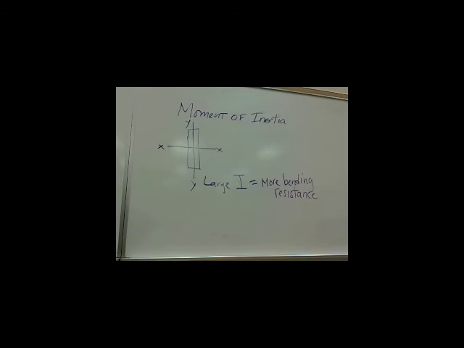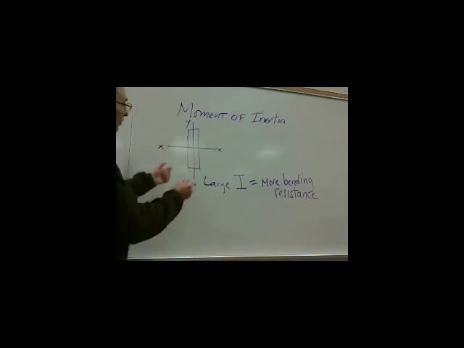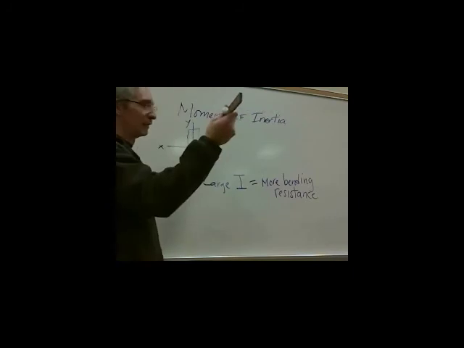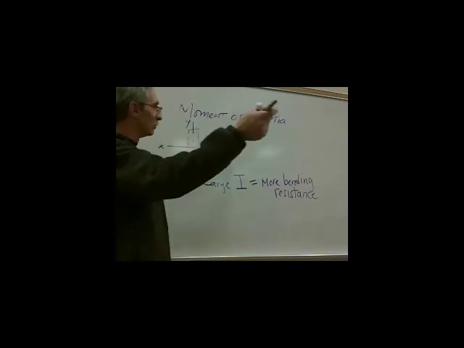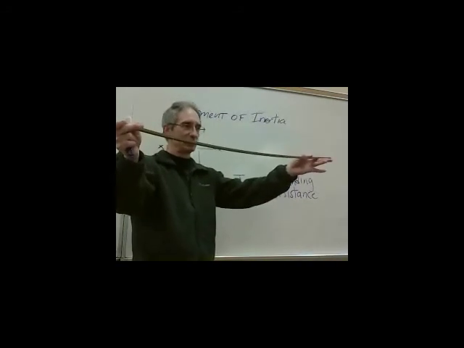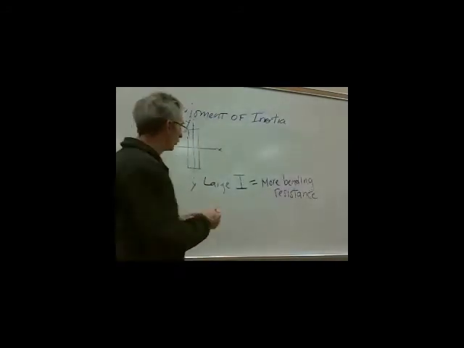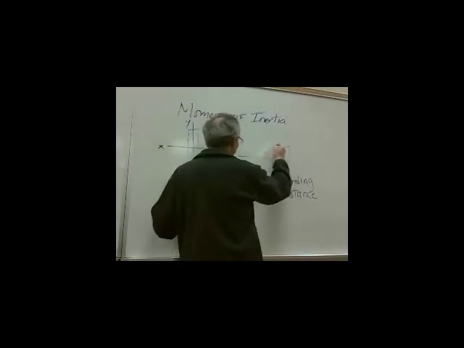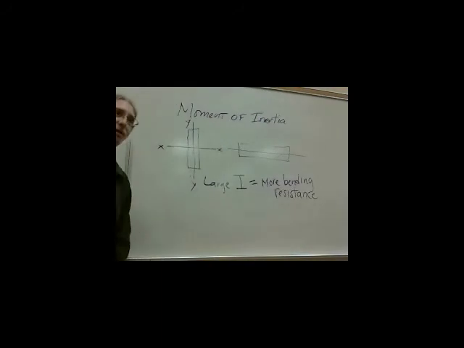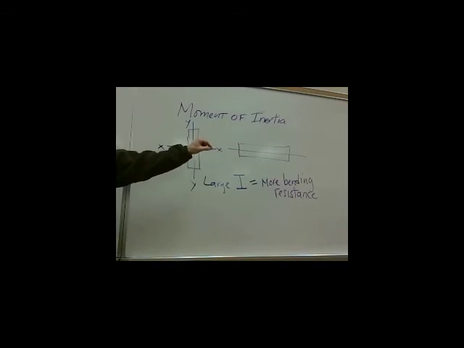It seems more easy, more flexible to bend. All right? So when I was orienting this yardstick like this, it was pretty stiff. But when I orient it like this, you could see the deflection. Okay? So, the moment of inertia about this axis must be much smaller than the moment of inertia about the other axis. That's what you're going to learn to calculate.